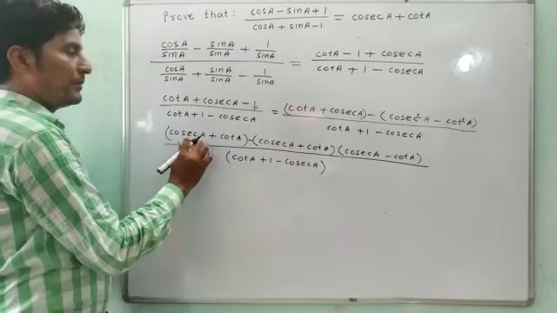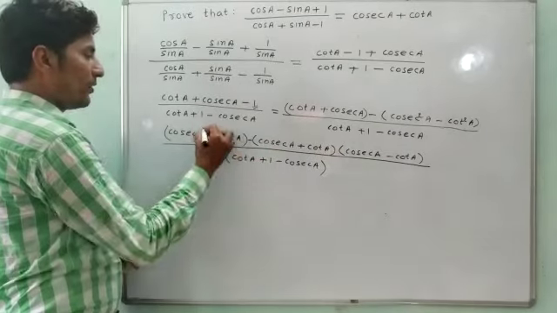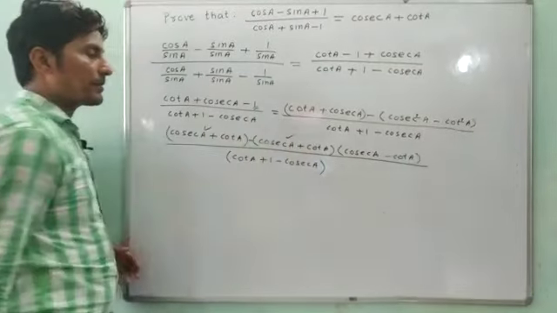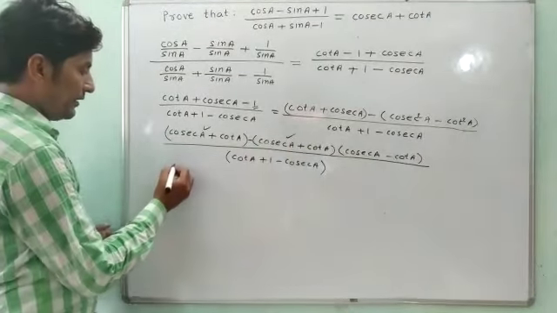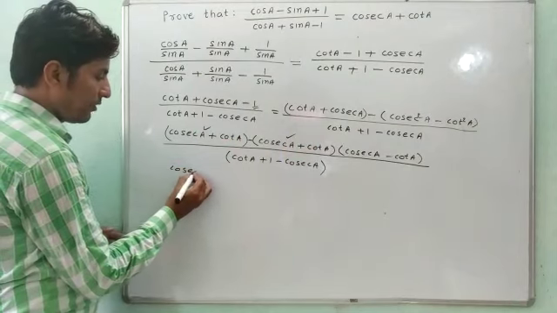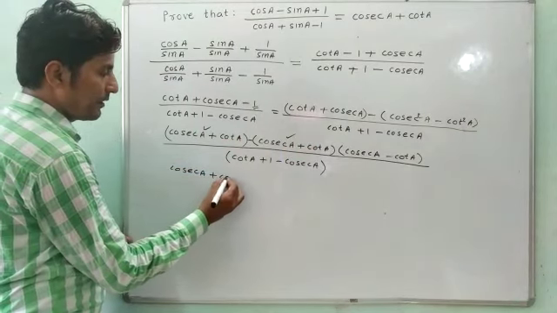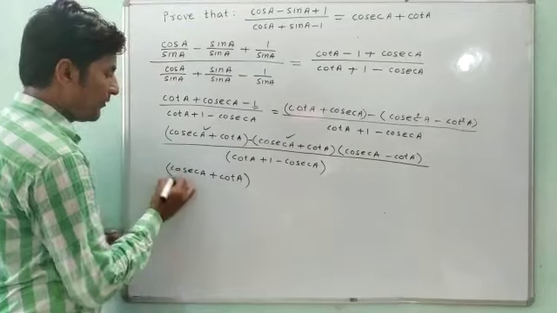Next, from these two terms we can take cosec A plus cot A as a common factor. So I can write here cosec A plus cot A as a common factor.